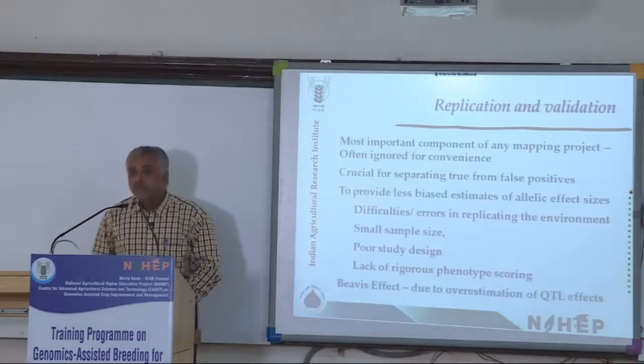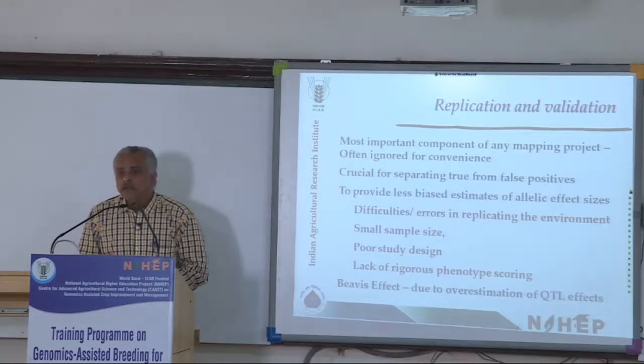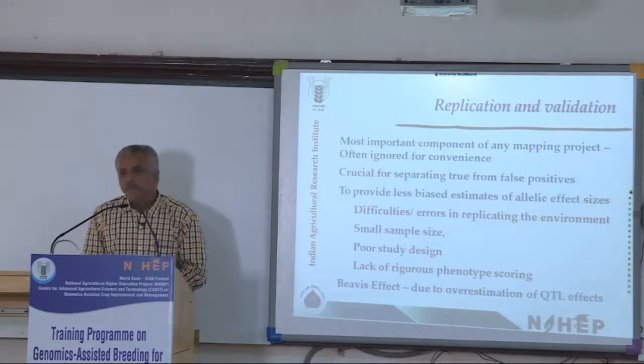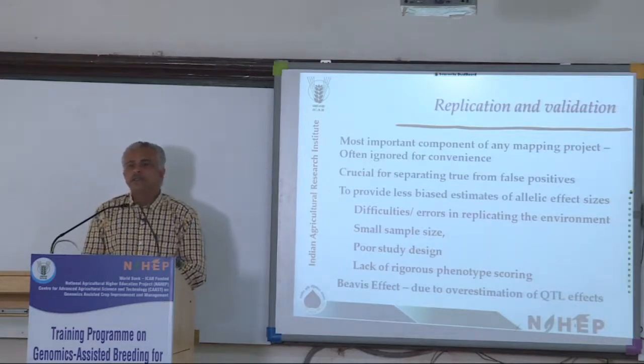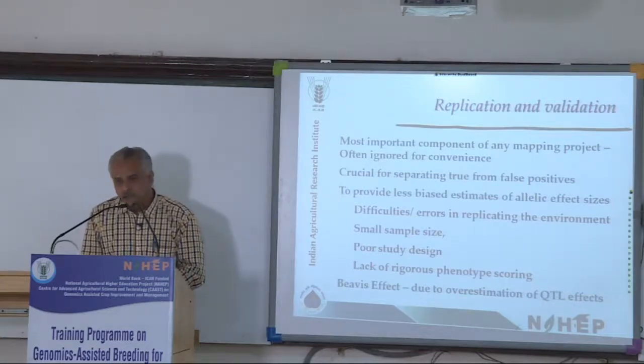Okay. Then the most important thing in QTL mapping is that we generally land with very good genotypic data, but very poor phenotypic data. So the phenotypic data must be very precise to have a QTL mapping.